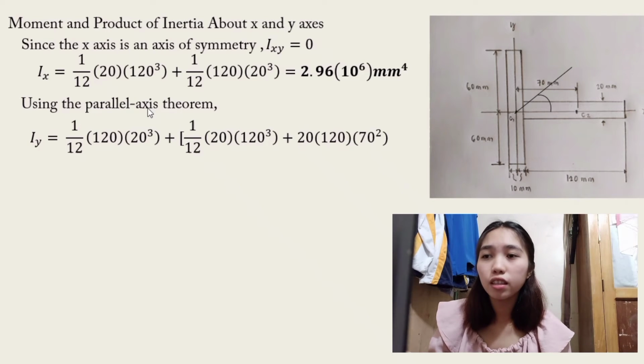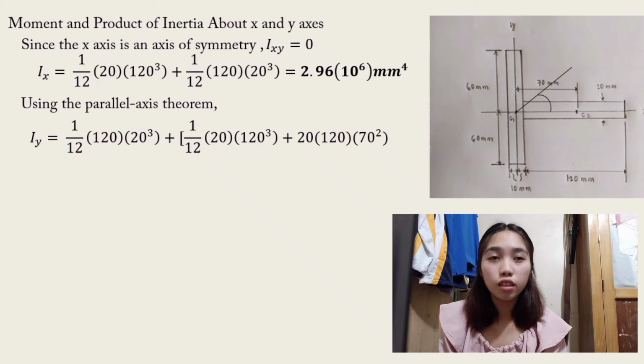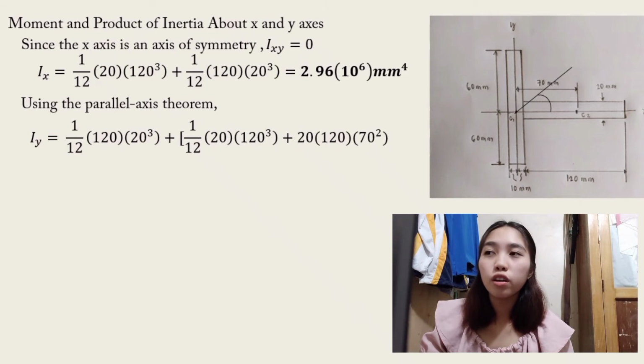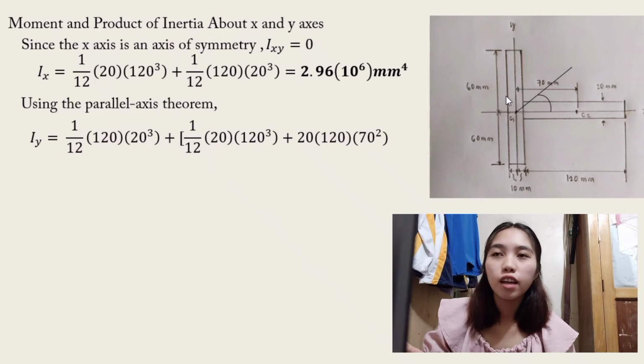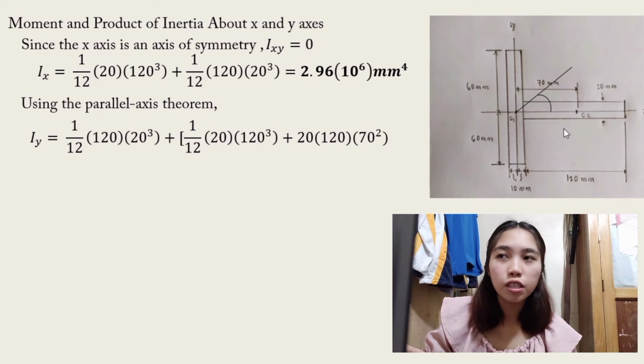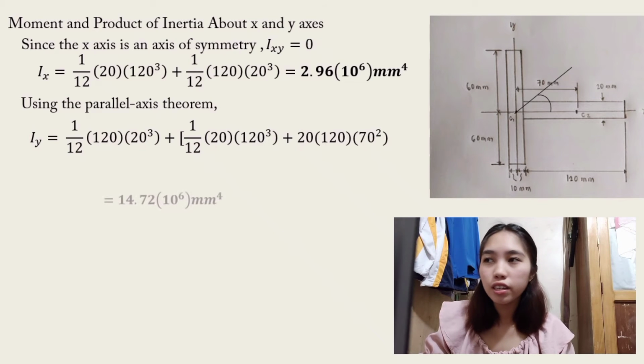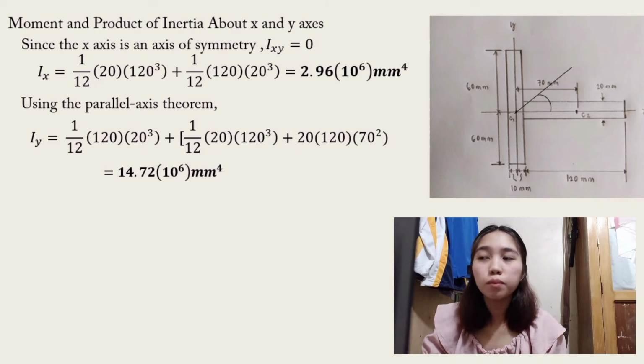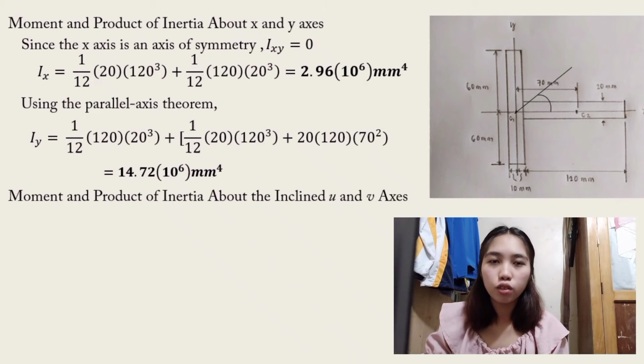We base it on segment 2, which is 120 times the cube of 20, plus 1 over 12 times 20 in segment 1 times the cube of 120, plus 20 times the height and the square of the distance from the center of segment 2 to the y-axis. It is 70, so 70 squared. So the answer is 14.72 times 10 raised to 6 millimeter to the fourth.